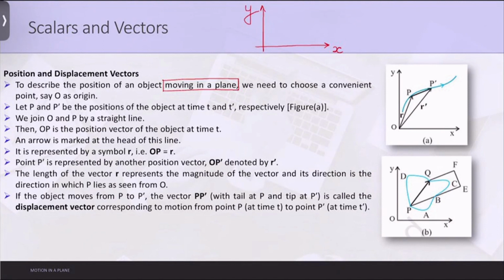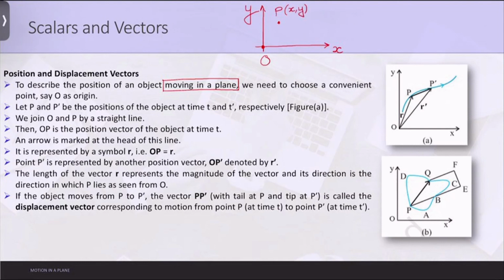To describe the motion of an object moving in a plane, we need to choose a convenient point, say O, as the origin. So let us choose this as the origin here. Now let P and P dash be the positions of the object at time T and T dash respectively. There was a position P here, which had some value of x and some value of y.